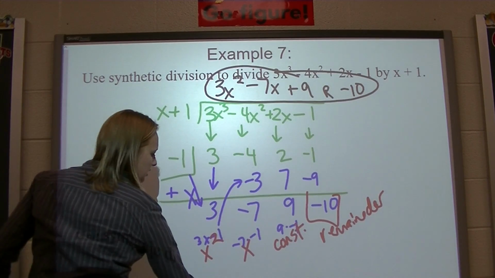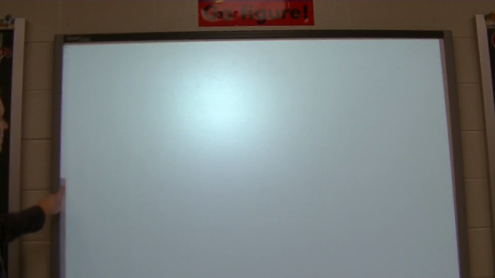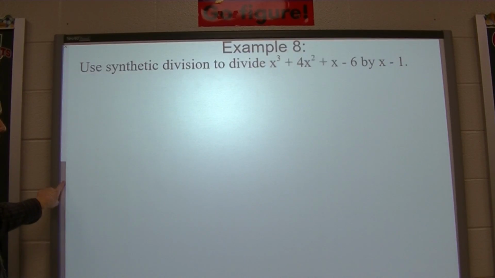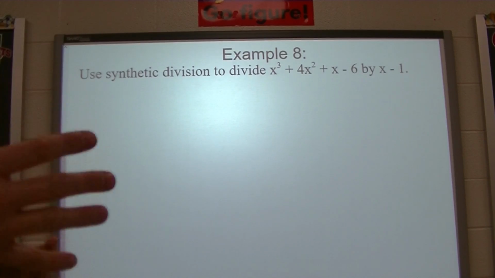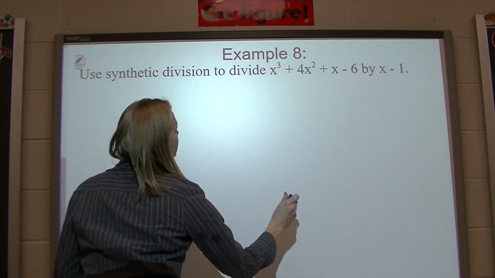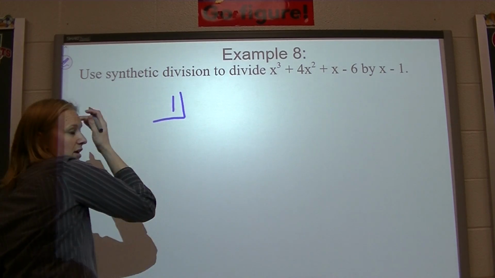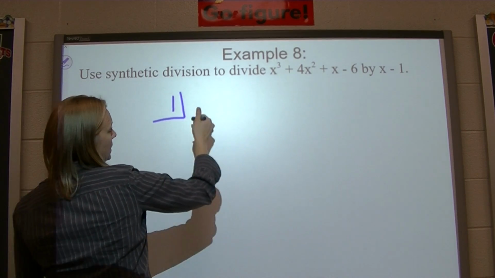Okay, let's try example 8 here. Like I said, I'm going to get you started. I'm actually going to do all of the division, and then I want you to try to write the quotient. So if I set it up, 1 is going to be my zero here, because x minus 1 equals 0, solve, add 1, you get 1.